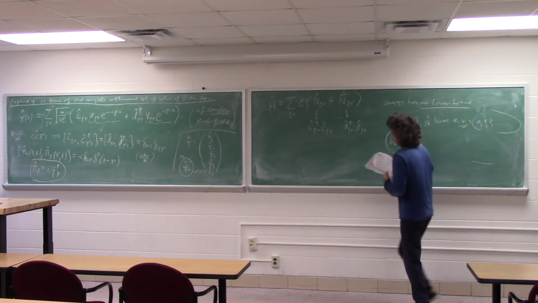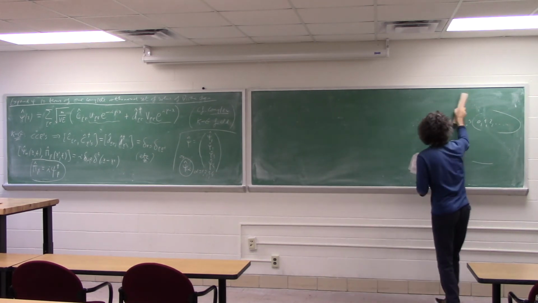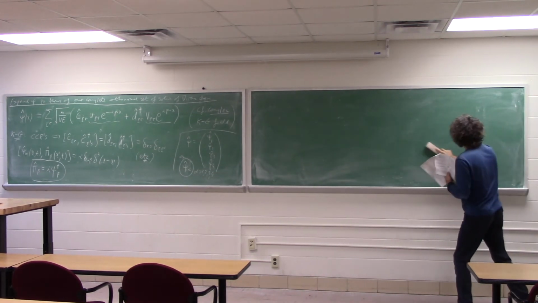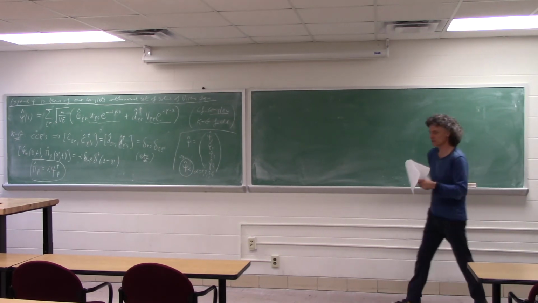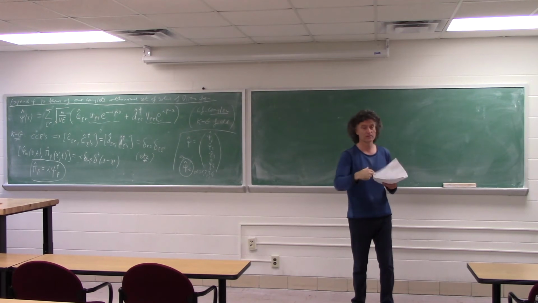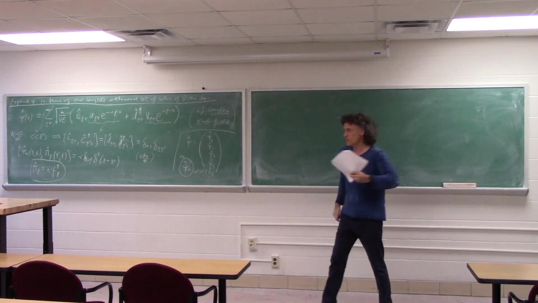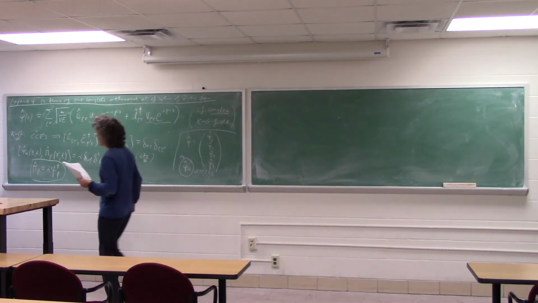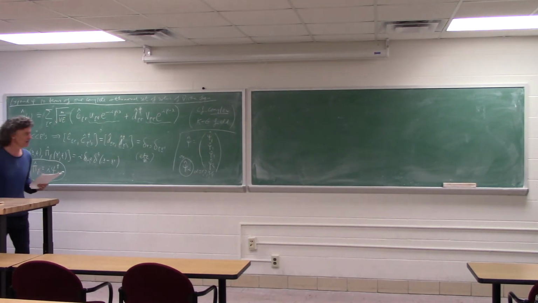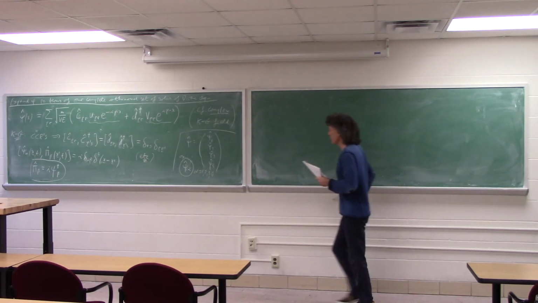Okay, how can you fix this? Way back at the beginning of the course, I told you that quantum field theory is just quantum mechanics applied to fields, except there's a twist when it comes to fermions. Here is the twist, what you've been waiting for. Because you're advanced students, I can tell you all you have to do.